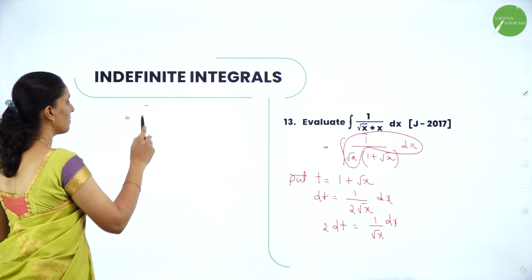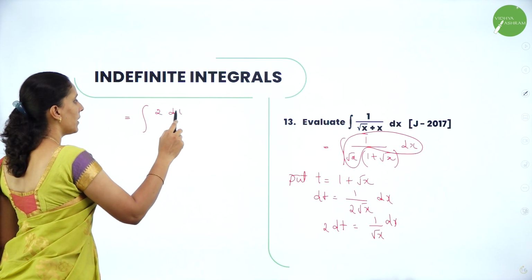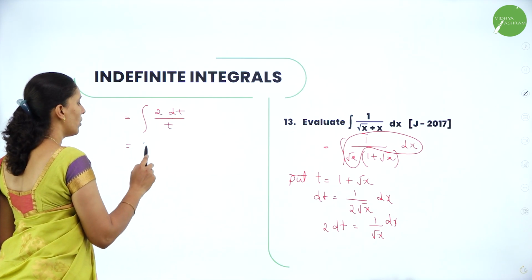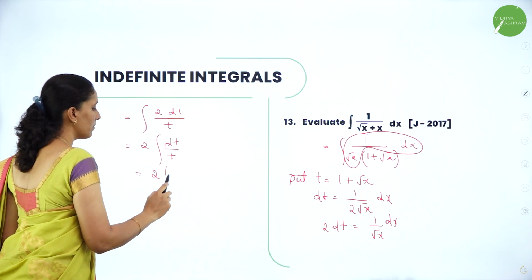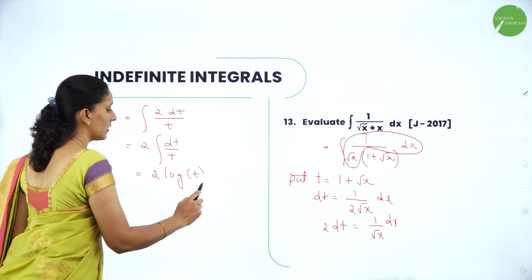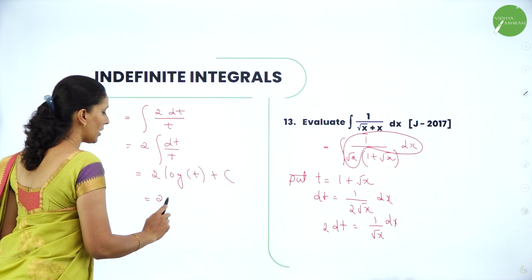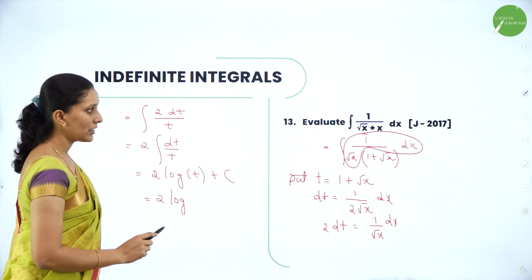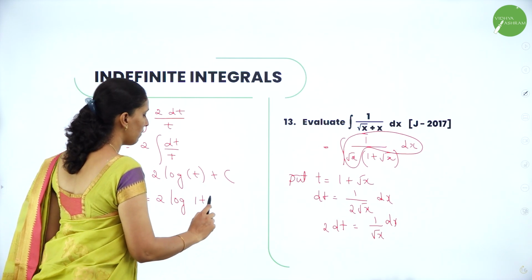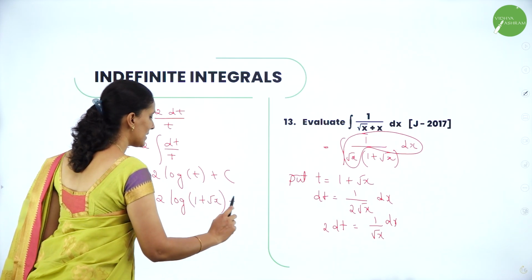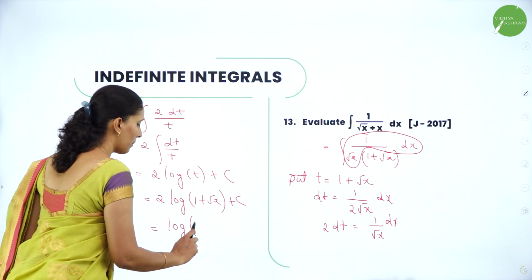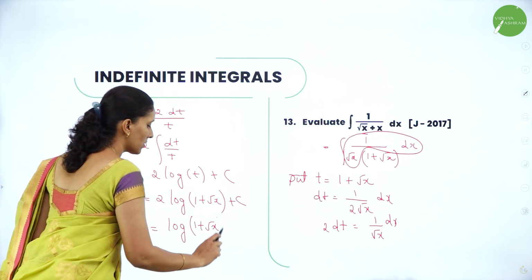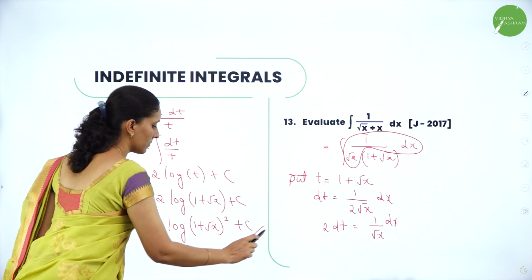Therefore this becomes 2 into dt by t, or 2 into integral of dt by t, 2 times log t plus c, 2 times log of 1 plus root x plus c. We can shift 2 as a power of the variable, so log of 1 plus root x whole square plus c.